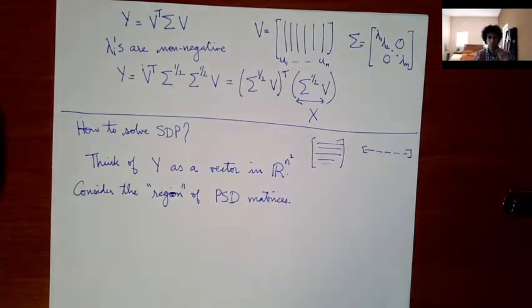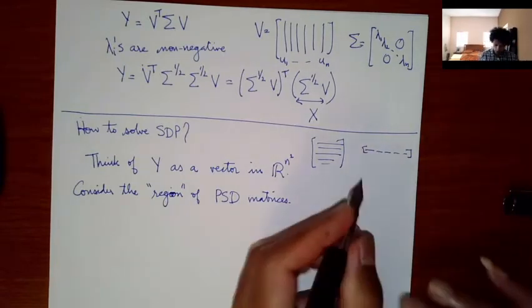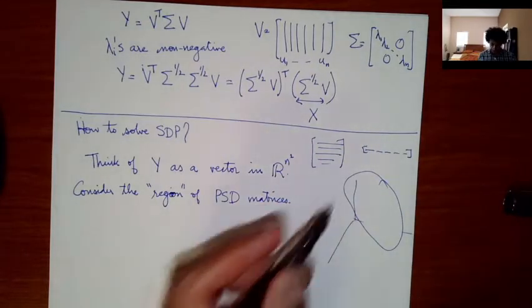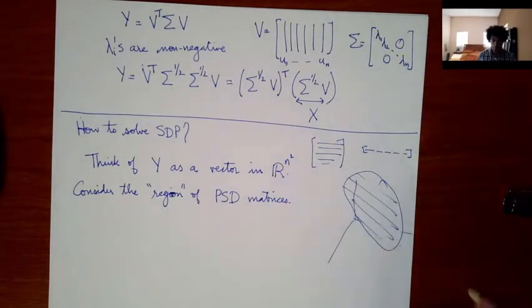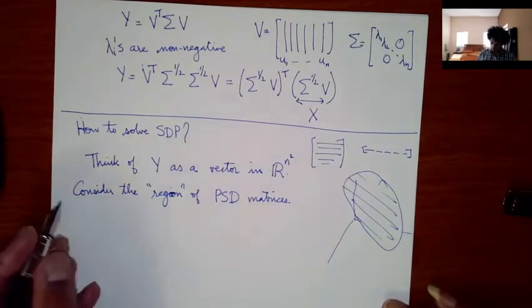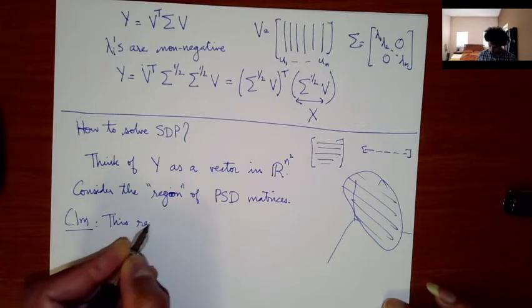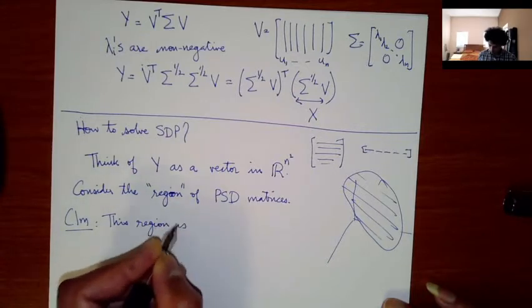Any PSD matrix, you can think of as a vector in n squared, and in this space you have all the PSD matrices. So the first claim is that this region is convex.